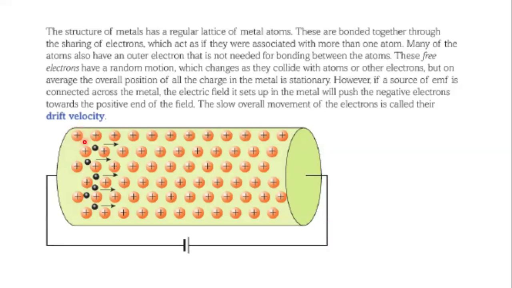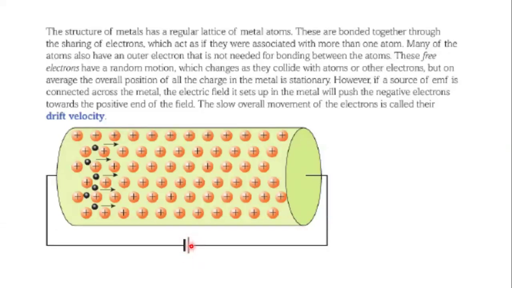That wire is going to be made of positive copper ions, and then there are going to be free delocalized electrons all around the positive ions. So what happens is that whenever I apply a potential difference, I'll explain what potential difference is later.